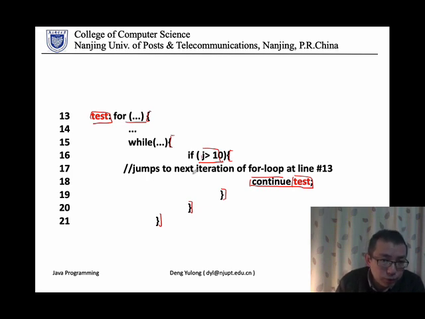We execute the loop body again in the next turn. That does not mean the loop ends. It only means we move to the next turn of the loop. So this is the difference between continue and break. Okay, this is the point.